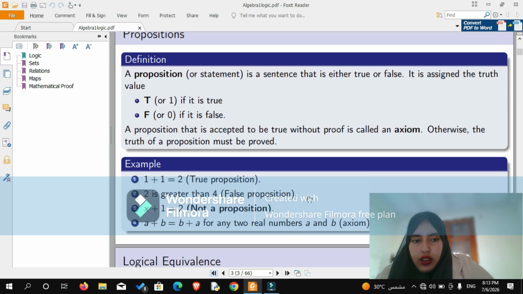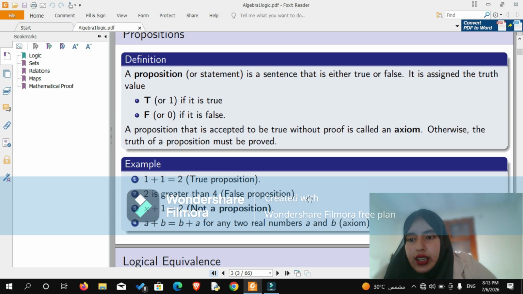Start with the logic, where first of all, a statement, or a proposition, or a theorem, or a lemma, or a corollary, is a sentence that is either true or false.